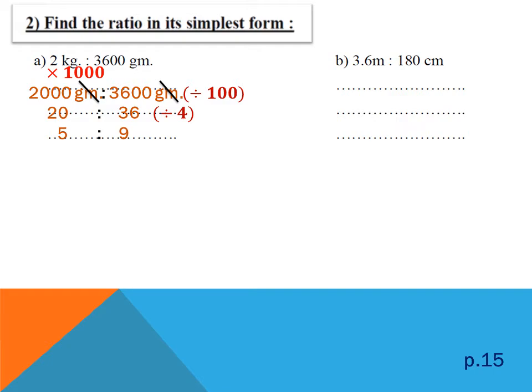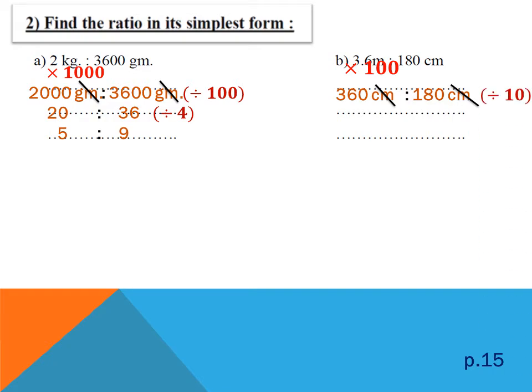3.6 meter to 180 centimeter. The larger unit here is meter. Multiply meter by 100. 3.6 times 100 is equal to 360 centimeter. And rewrite 180 centimeter as it is. Start to cancel the unit because ratio has no unit, and start to simplify. 360 to 180.